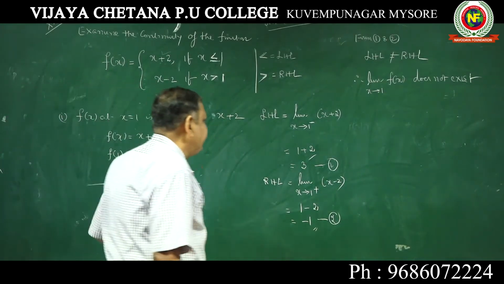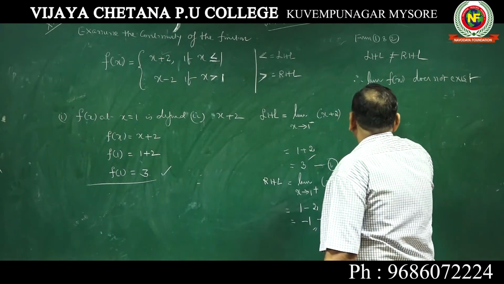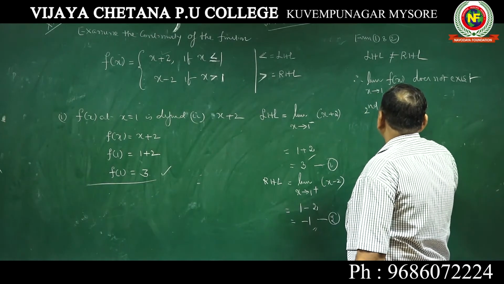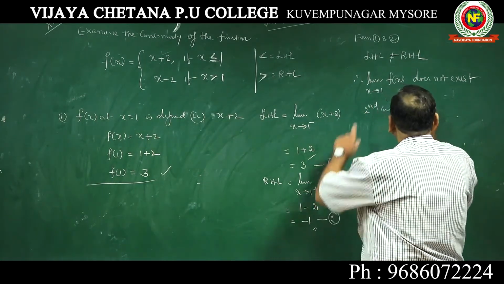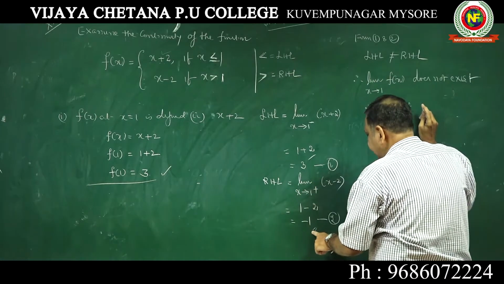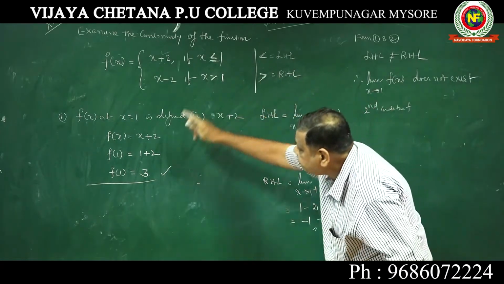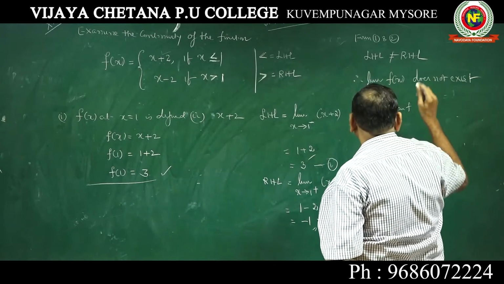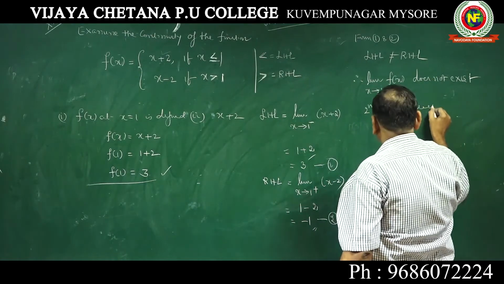Therefore the second condition failed. If this had come as equal, say minus 1, then the limit exists and you should go on to check the third condition. But the second condition failed.